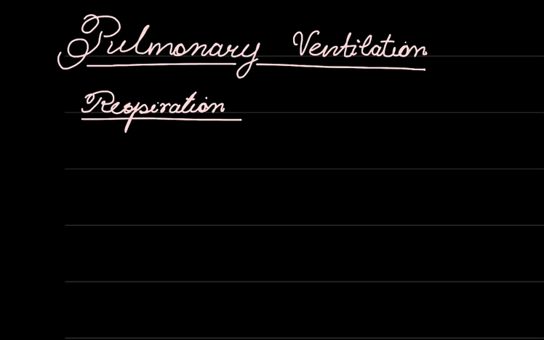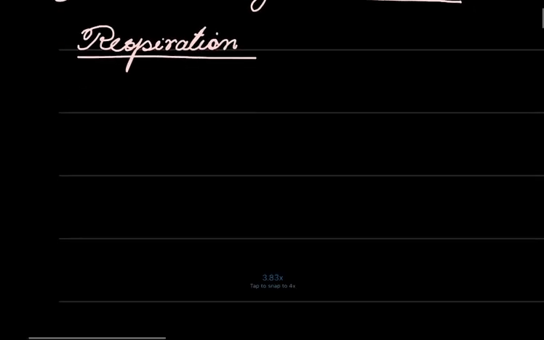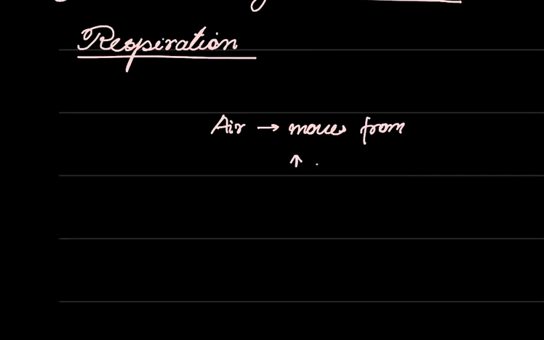Now, most importantly, we know that in physics, air moves from higher pressure to lower pressure. If you want to make air move from the atmospheric region to your lung, the pressure in the atmospheric region should be greater in comparison to that of the lungs. This is very important: air moves from higher to lower pressure.